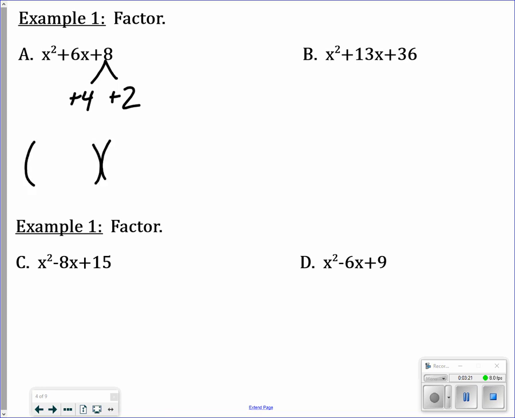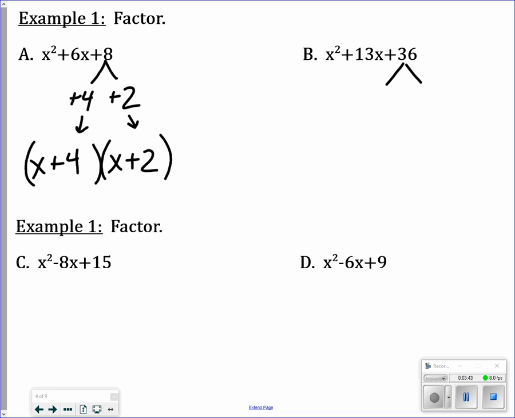Once you have established those two numbers, because there's no number in front, it becomes x plus 4 and x plus 2. You're coming up with two things that multiply to be 8 and add up to be 6. These two numbers become the factors in the parentheses.